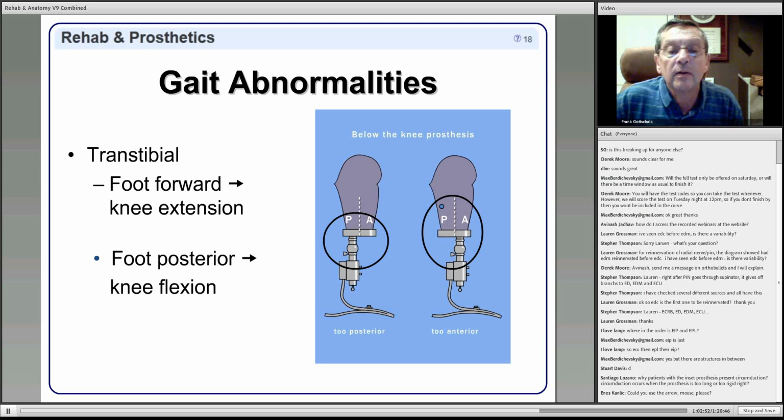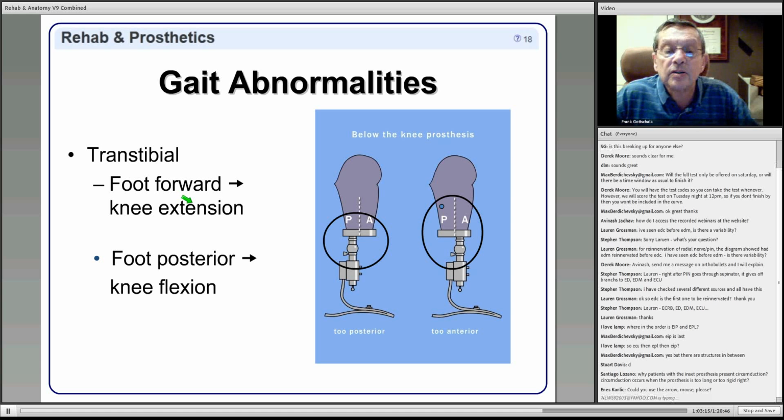Now, associated with that is if the prosthetic foot is either too far forward or too far posterior. In the left-hand diagram, the foot is set more posteriorly, with the midline designated between anterior and posterior, and the right-hand diagram shows the foot set too anteriorly.